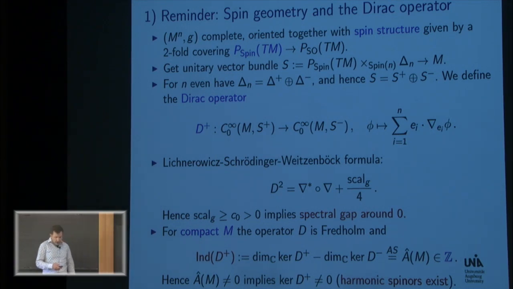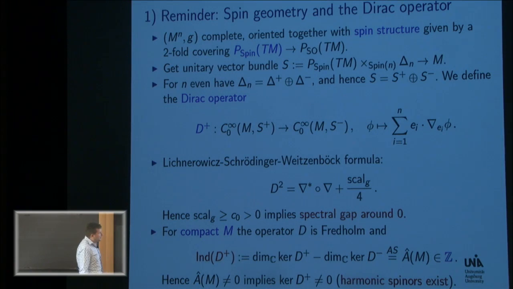So we have this condition under good control. Once we have this structure, we can associate a vector bundle to M via the spin representation on Delta_n. That's the irreducible Clifford module in dimension n over the complex numbers. This gives us a unitary vector bundle S over M, which is directly related to the given spin structure. Now for defining the index, it makes a little difference if we talk about even or odd dimensions.